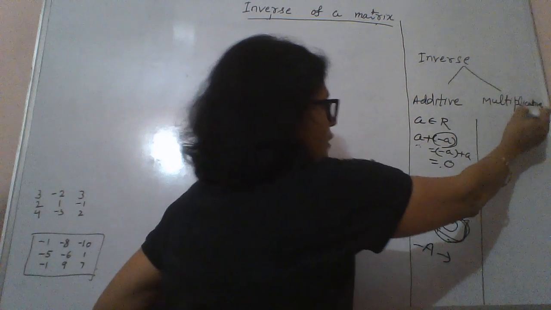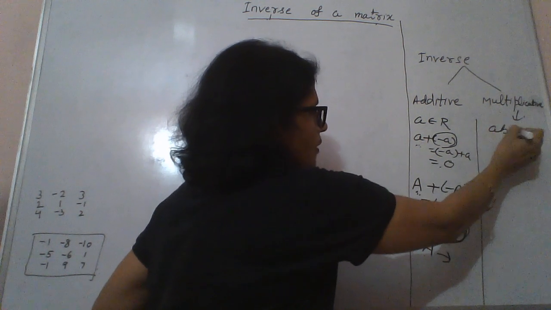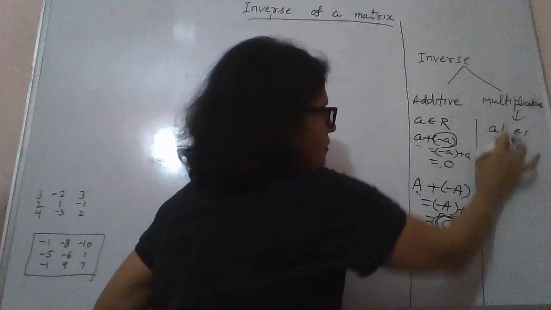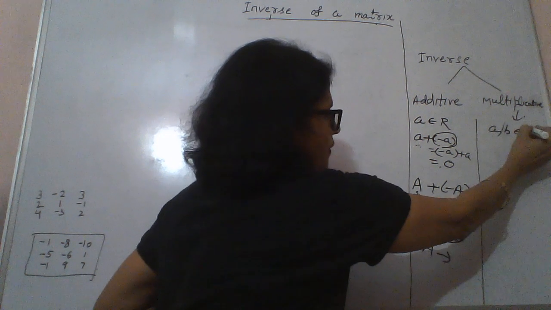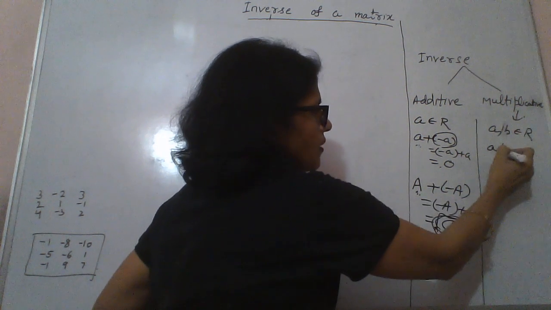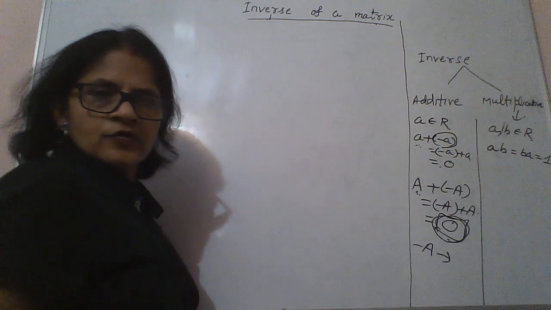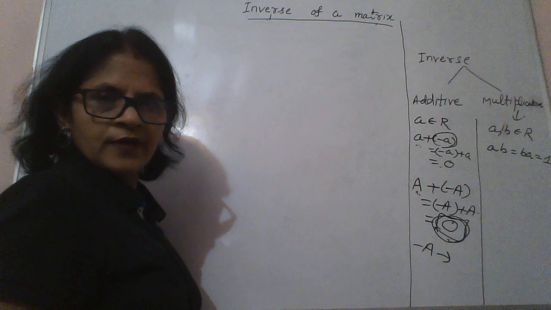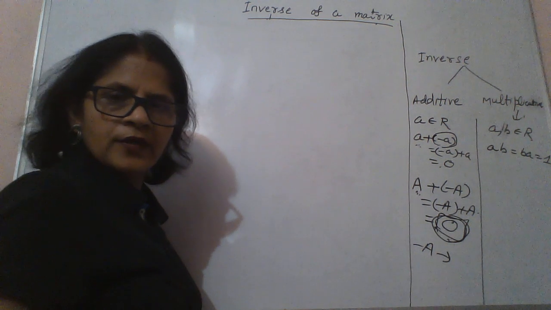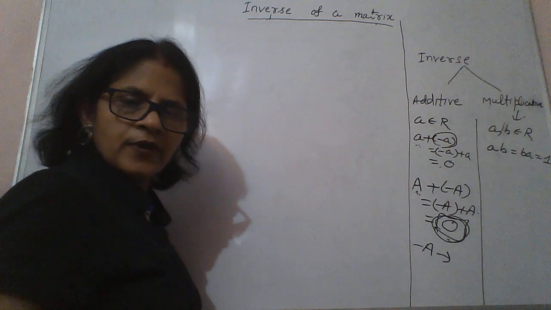And coming to multiplicative inverse, if you take two real numbers a and b such that ab equal to ba equal to 1. So 1 is multiplicative identity because whenever you multiply any number with 1, the number doesn't change.